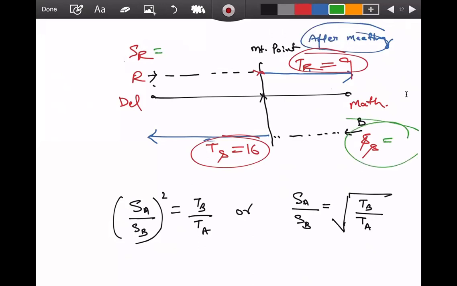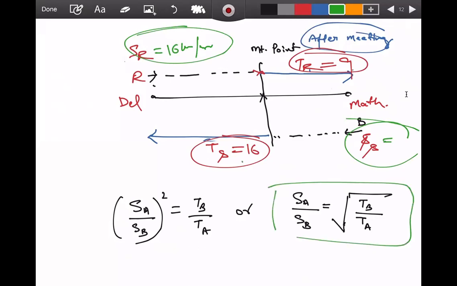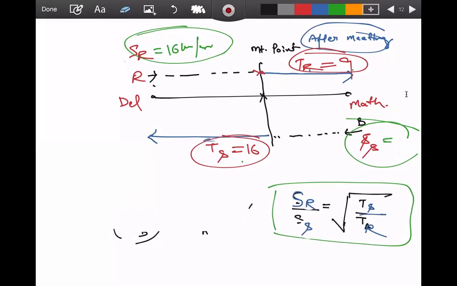If Rakesh's speed is 16 km/h, and we have time given, can I use the second equation? Suresh का time ऊपर आएगा और Rakesh का time नीचे. So speed of Rakesh is 16.